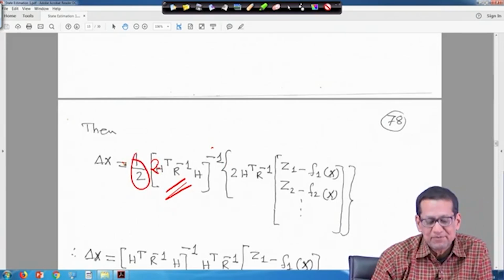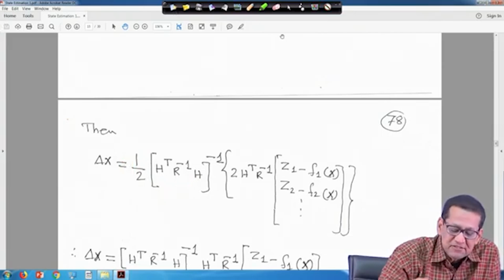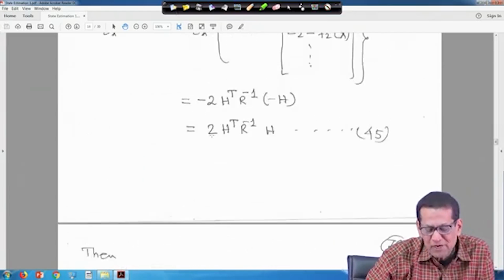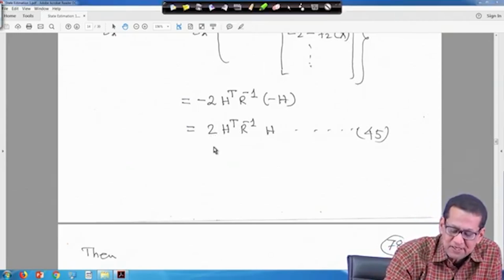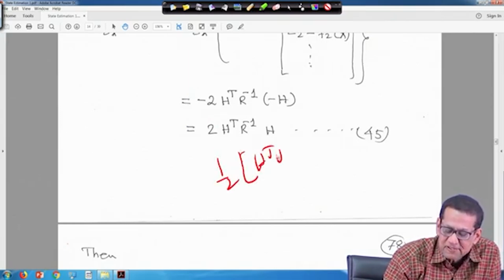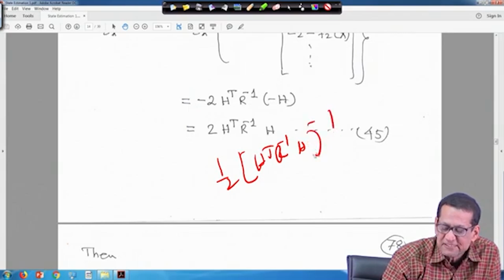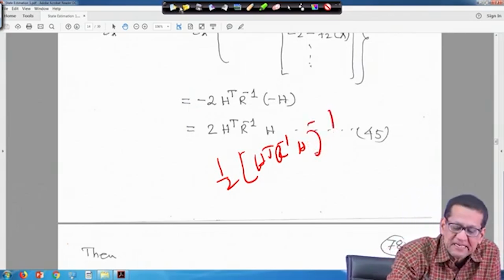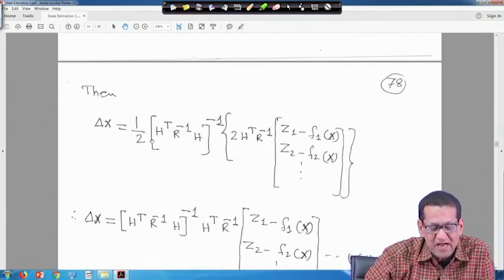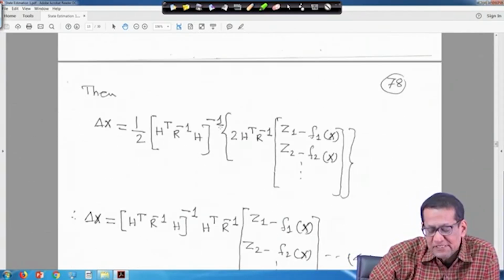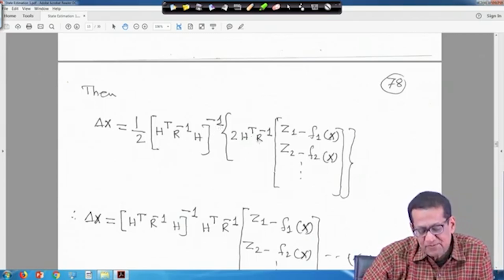So, it is half H transpose R inverse H whole inverse into the 2 H transpose R inverse Z 1 minus F 1 x, Z 2 minus F 2 x, and so on, right. That is what we have written here.